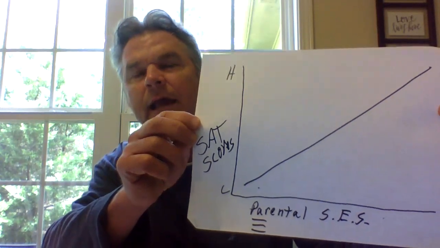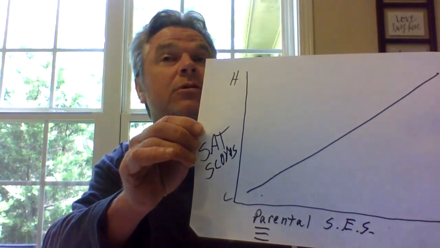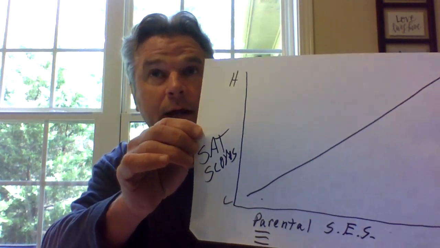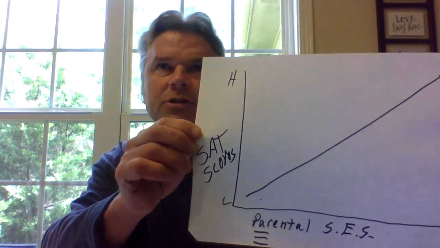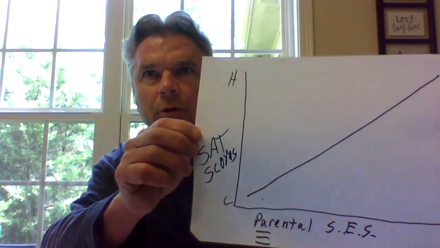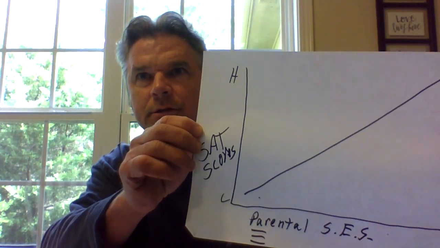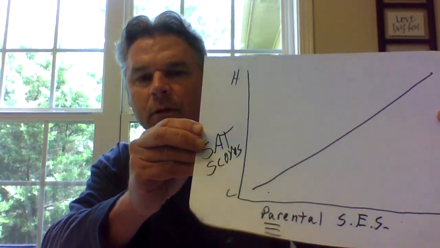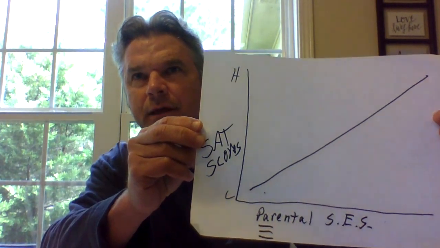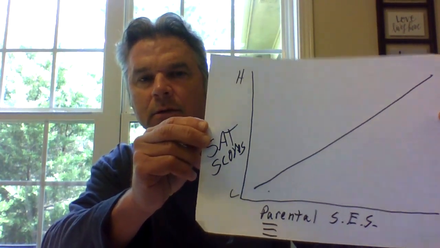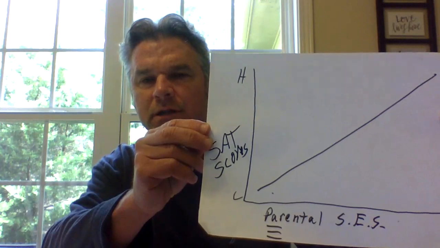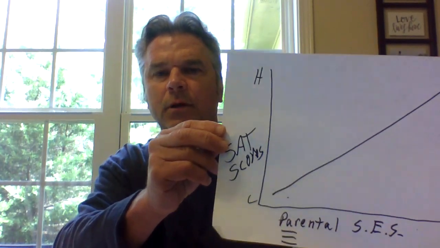Okay, and they're the usual suspects, right? Meaning instructional expenditures per pupil, teacher qualifications, those types of things, tax base, usual suspects, right? Okay.